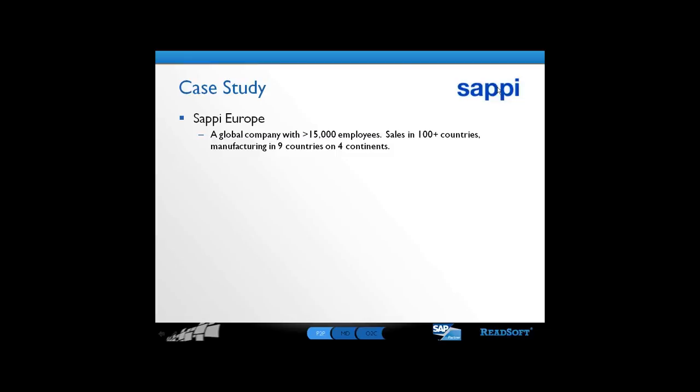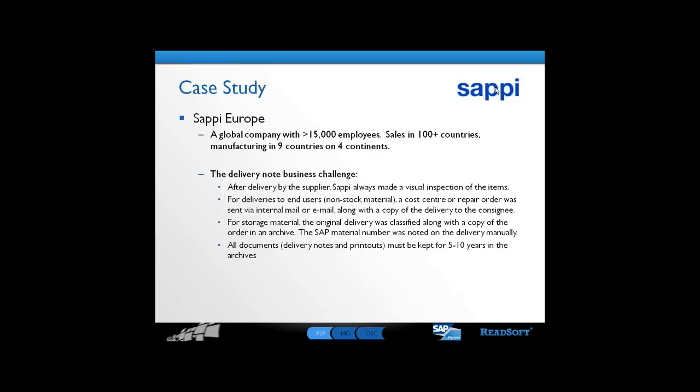Yeah, I'd like to just talk briefly about SAP, who, as many of you will know, is a major manufacturer. They have over 15,000 employees, selling in over 100 countries, with manufacturing plants in different countries and continents. Now, SAP is a fairly major customer. It's a mature customer, and some of the challenges they faced were that they had different delivery note processes for different sorts of products. So they had both non-stock material and storage material.